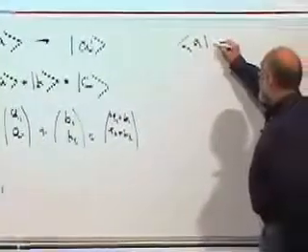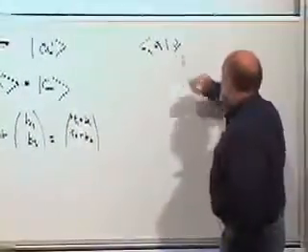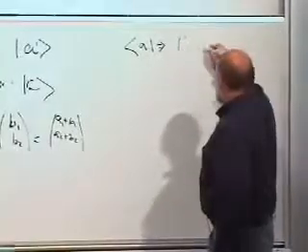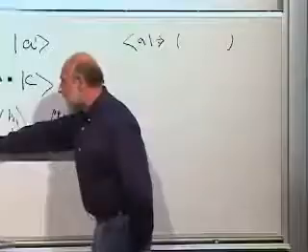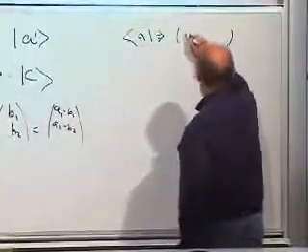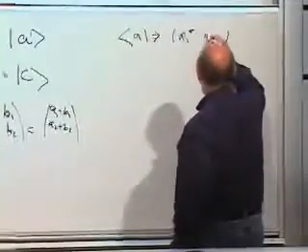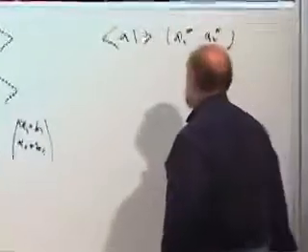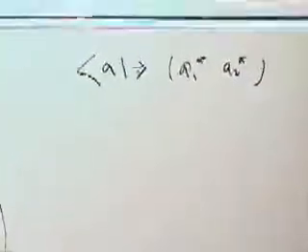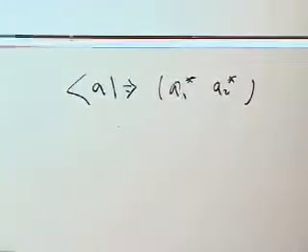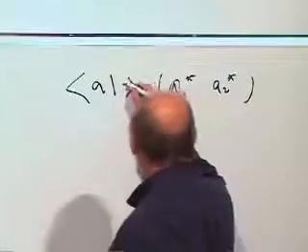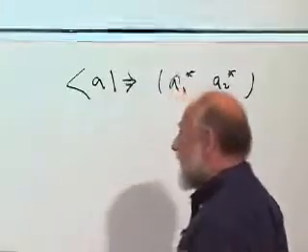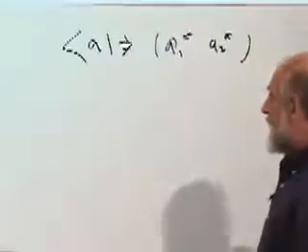And furthermore, you represent it by a row vector. The components of the row vector are the complex conjugates: A1 star, A2 star. So whenever you see a row vector, always think of it as the complex conjugate of the corresponding column vector.